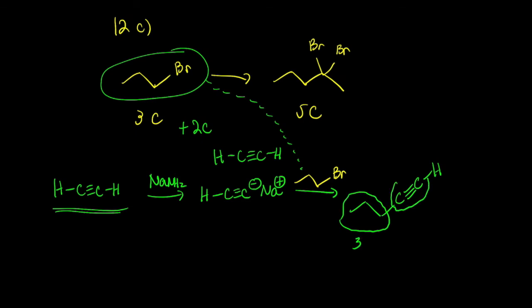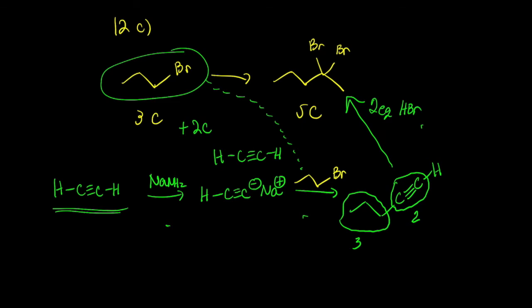Here's my 2 carbons from my acetylene. And so now I've got the carbons. Now how am I going to make that alkyne change into that? Well, that's easy. We just add 2 equivalents of HBr. And that's a memorization reaction. So, 2 or 3 steps depending on how you count those steps.